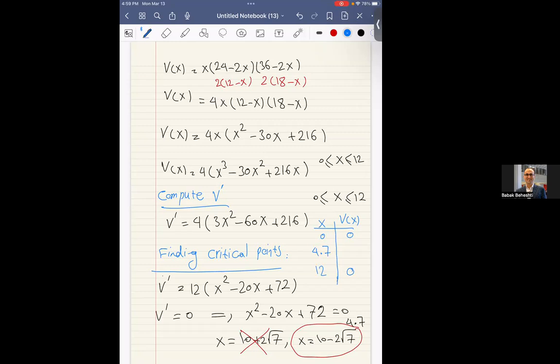So can you compute V of x when x is 4.7? V of x is given. It's x times 24 minus 2x times 36 minus 2x.